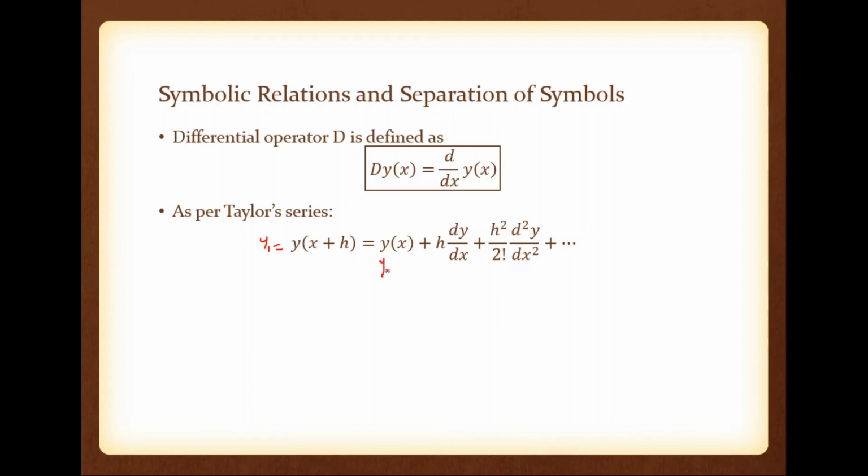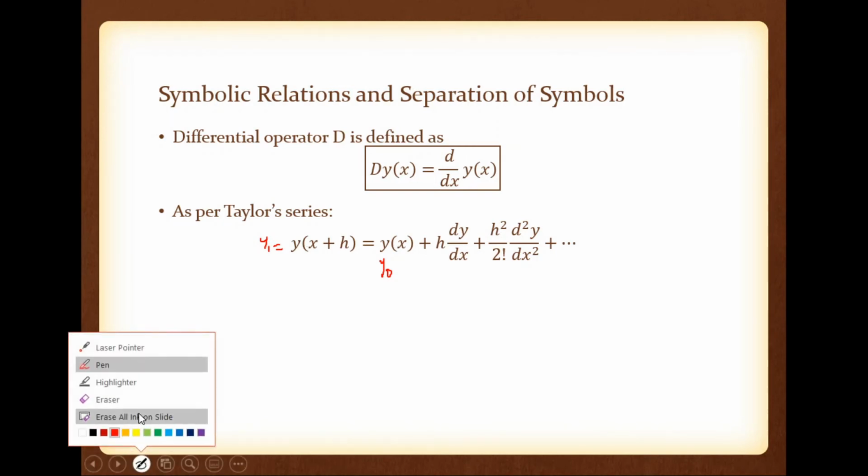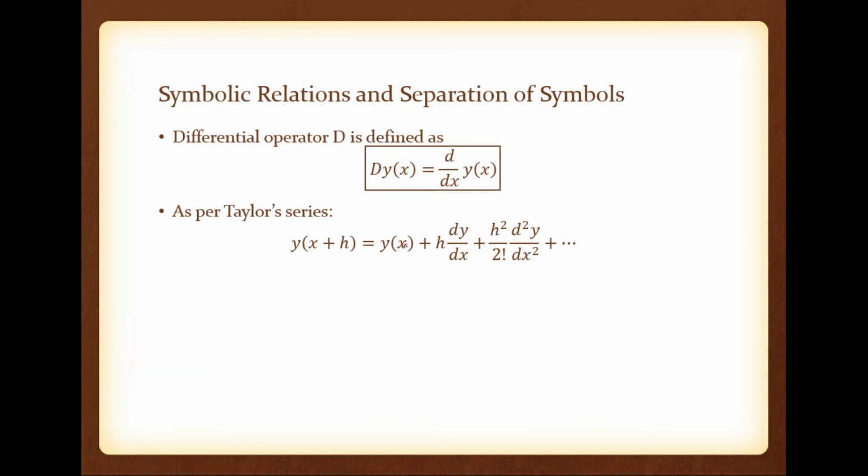So y0 is y of x and y1 is y of x plus h, where x1 minus x0 is h. Okay. So please note, we can write y of x plus h as per Taylor's series.